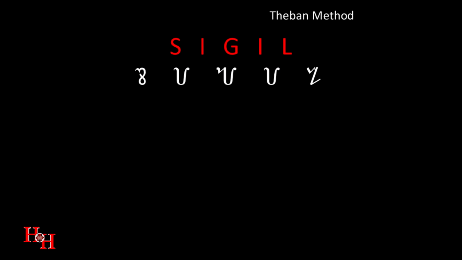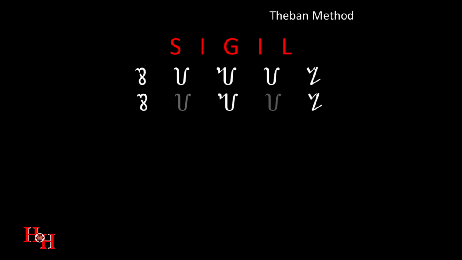The next method is the Theban circle. We do the Theban method the same way. We take the word sigil, again just the example word, and we translate it to Theban. Again, we have duplicate I's which also look very similar to the G, so we're going to get rid of those.